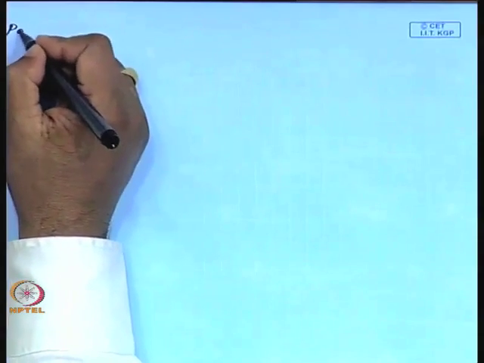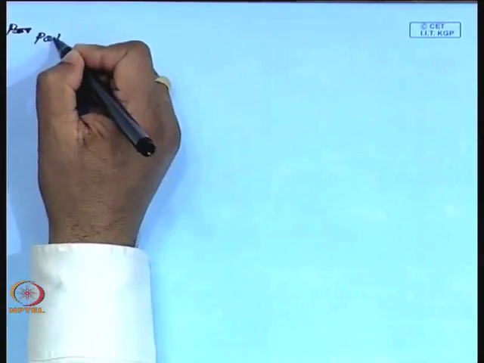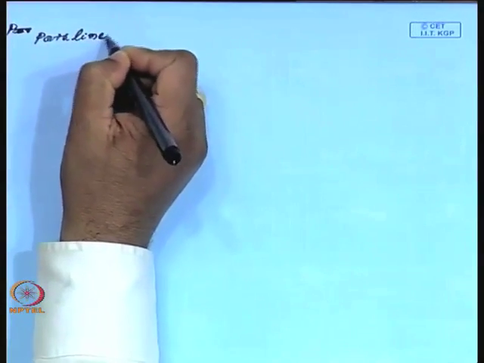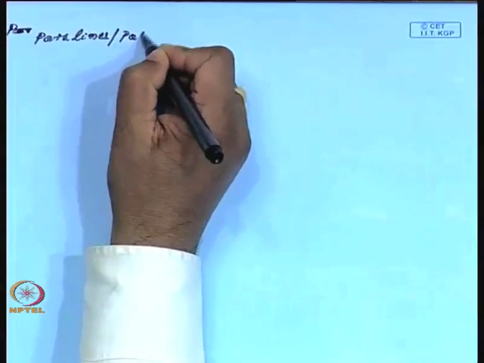Now, with this I will go to what are path lines, particularly the path of a particle. Basically, what we talk about here is the path of a particle.